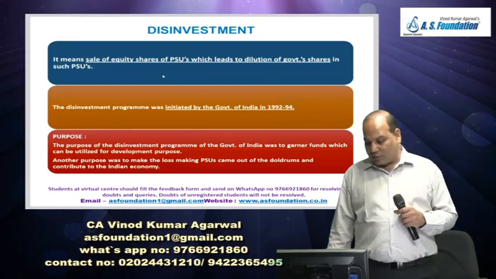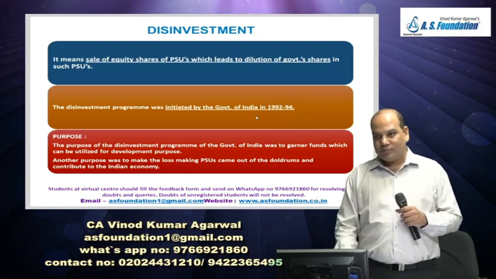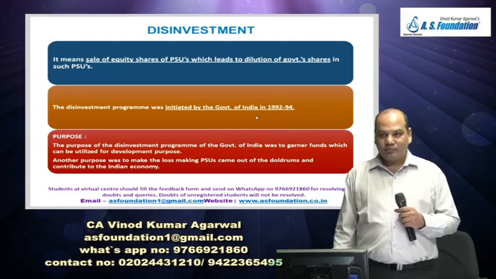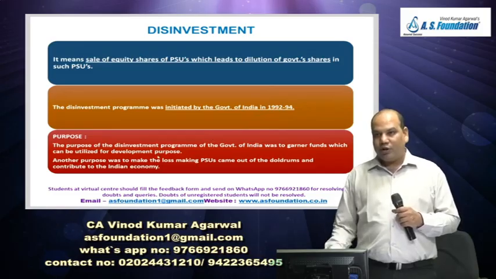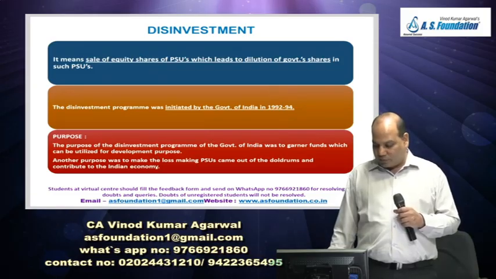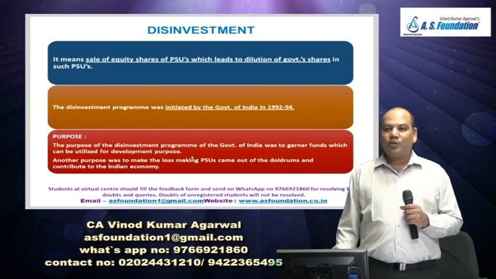During this period, disinvestment was carried out on a mass scale. It will help the government raise funds which they can use for other development purposes. It will also give the government the chance to come out of loss-making PSUs.